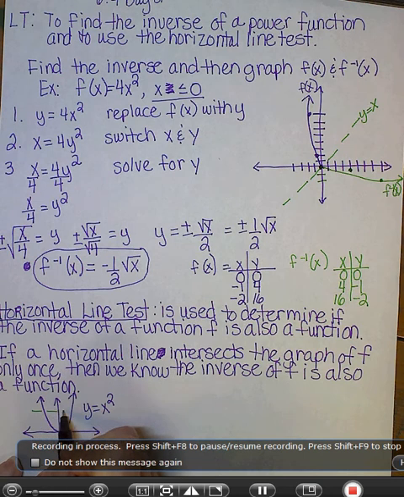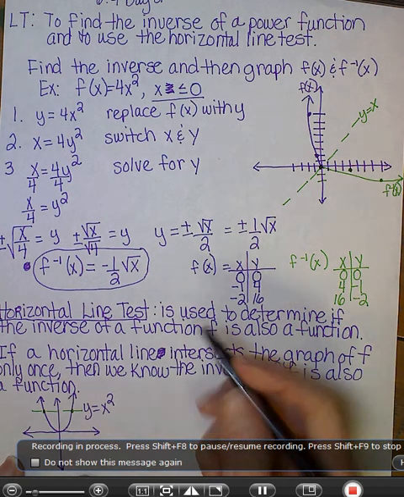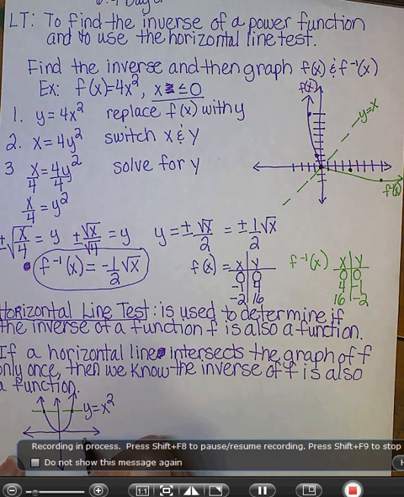This line is going to cross the graph more than once, okay? 2 spots. So this tells me that this fails the horizontal line test. So the inverse is not a function.